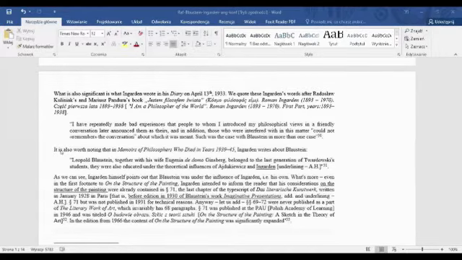It is also worth noting that in memoirs of philosophers who died in the years 1939-45, Ingarden writes about Blaustein: Leopold Blaustein, together with his wife Eugenia de Domo-Ginsberg, belonged to the last generation of Twardowski's students. They were also educated under the theoretical influences of Ajdukiewicz and Ingarden. As we can see, Ingarden himself points out that Blaustein was under the influence of Ingarden.